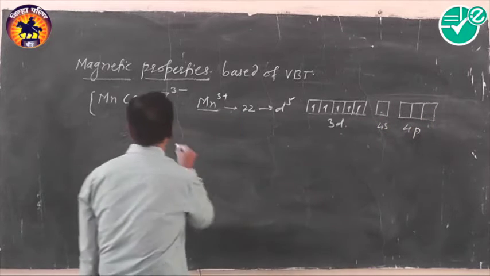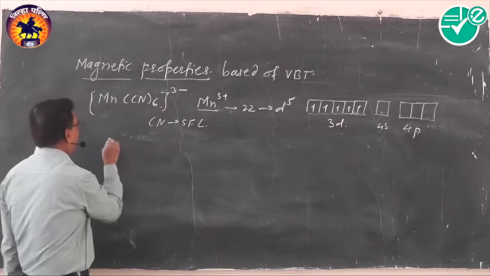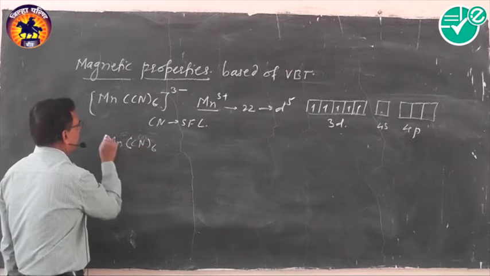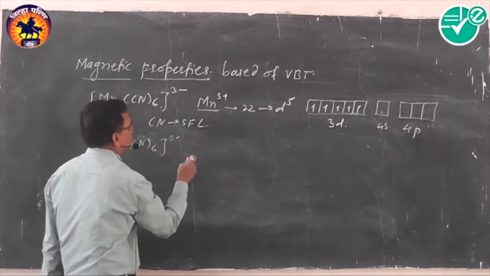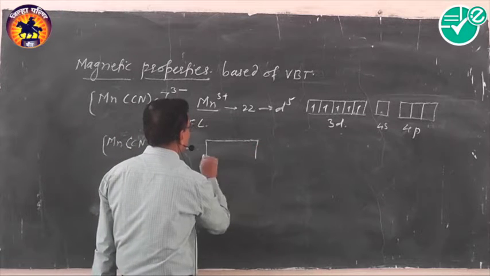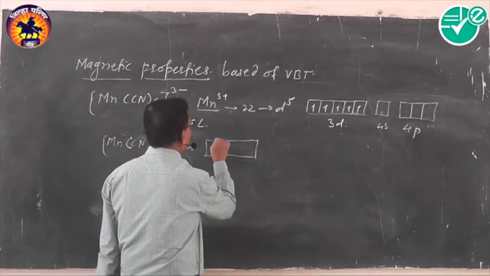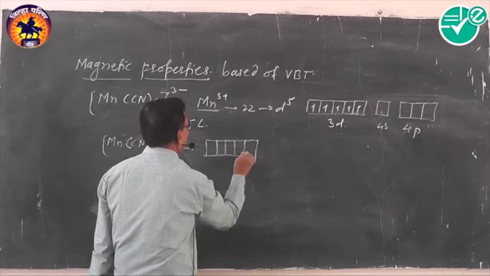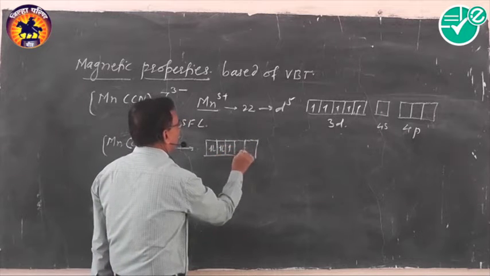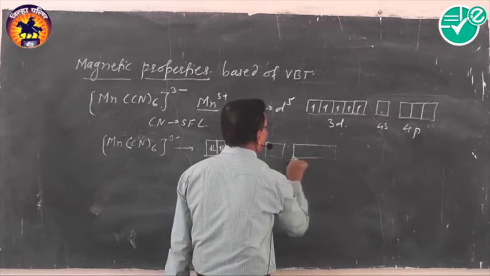CN is a strong field ligand, so it causes pairing of electrons, and the electronic configuration of this Mn CN6 3 minus becomes like this. This is 3d, pairing of electrons takes place, and two vacant d orbitals are available. This is 4s and 4p.